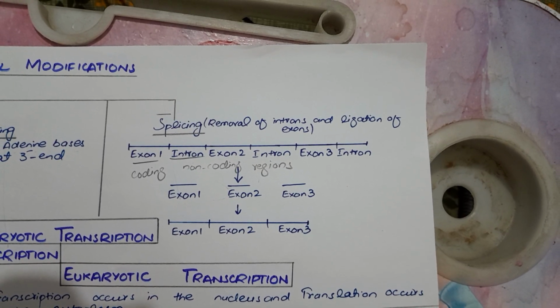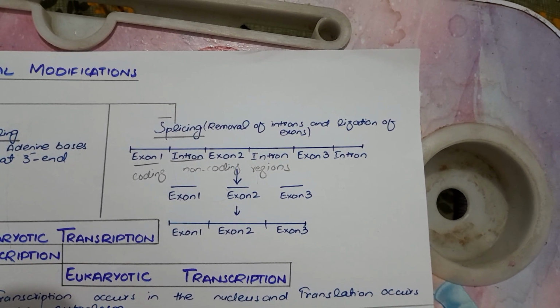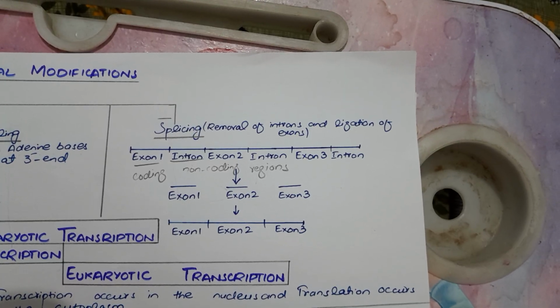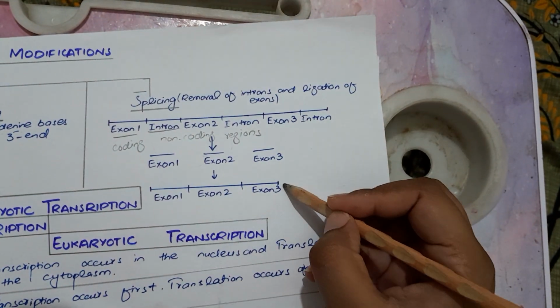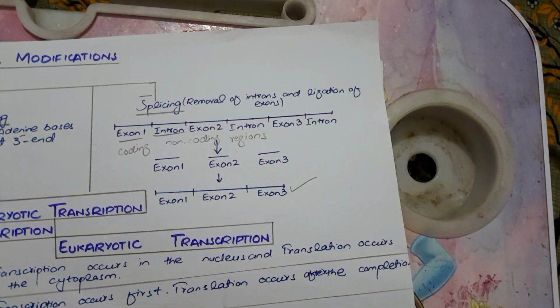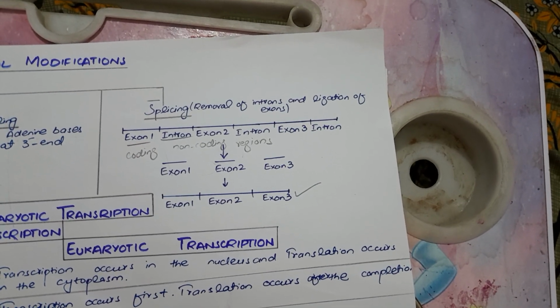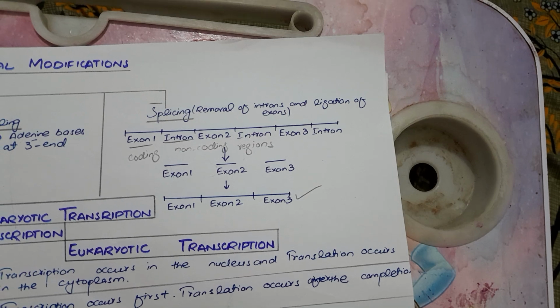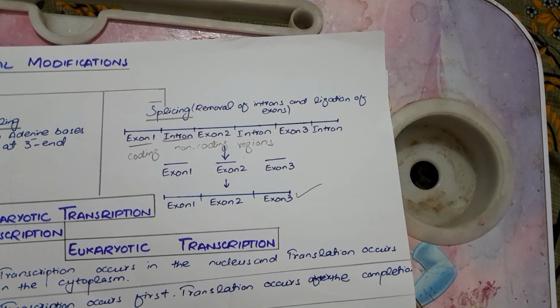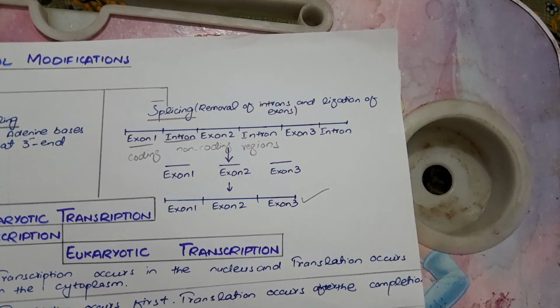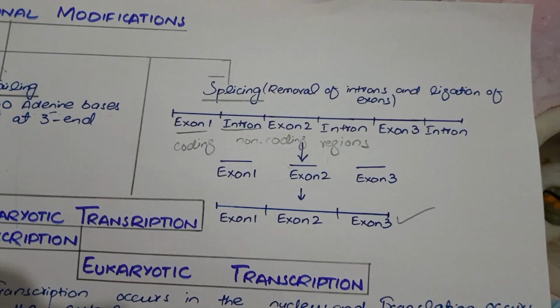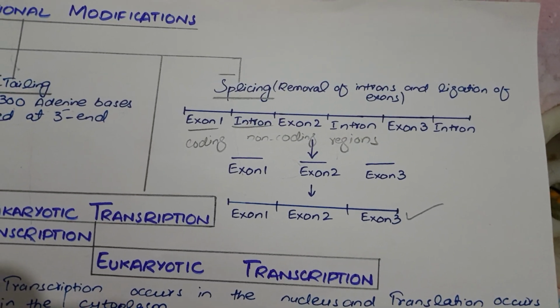In this case, messenger RNA removes introns and the exons are ligated, and in this form messenger RNA is formed. Exons are only the coding parts of messenger RNA, while introns are the non-coding regions. They are not required for the further processing or further formation of proteins from messenger RNA.